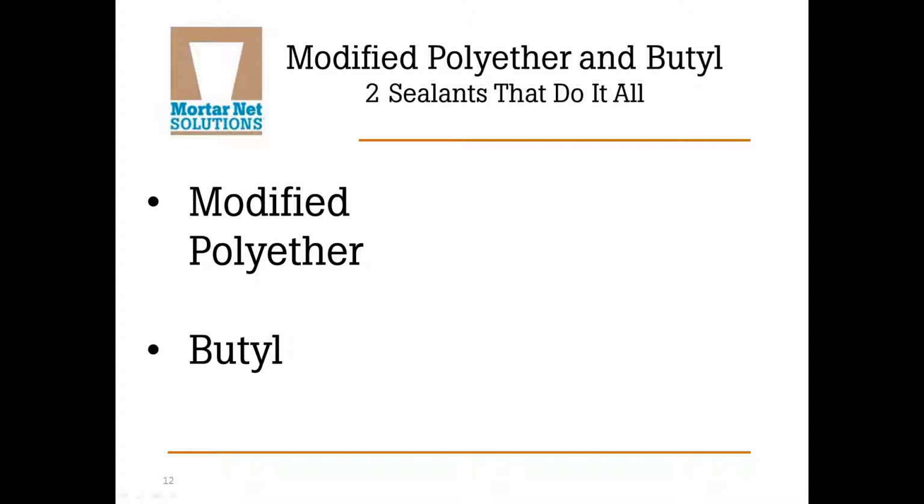However, modified polyether won't stick to roofing and flashing materials such as TPO or EPDM. So a butyl sealant is also necessary for adhering TPO and EPDM to other materials and to themselves. Butyl is intended for concealed applications only. Now, between them, these sealants are ideal for many kinds of sealant applications on masonry projects. So let's take a little bit deeper look into these 2 categories of sealants.